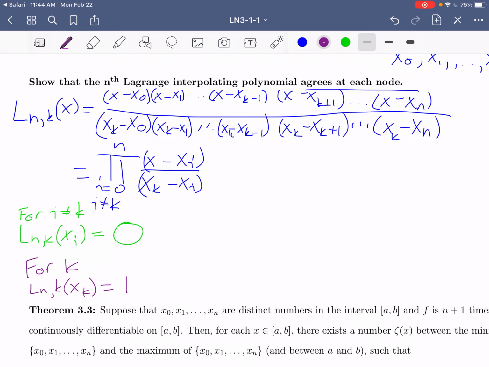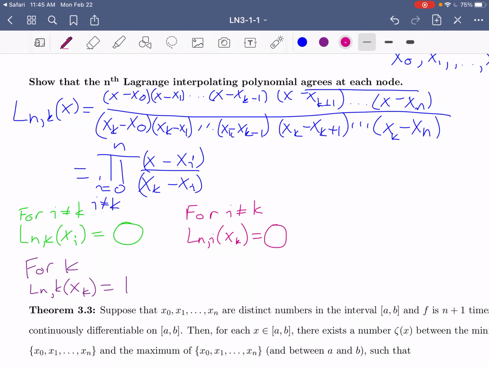Before I continue, I should note that for i not equal to k, L_{n,i} at x sub k is going to be 0.